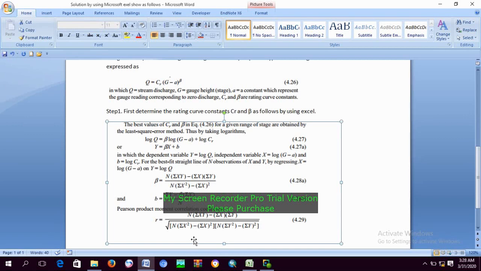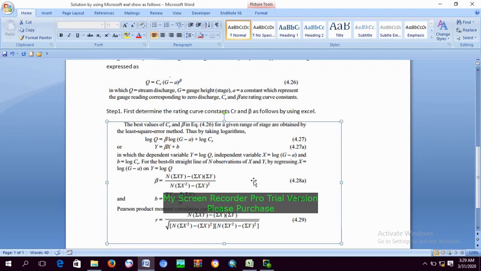So we should adjust the zero gauge height until we get a good correlation R value, by altering the value of small a, the gauge height for zero discharge.